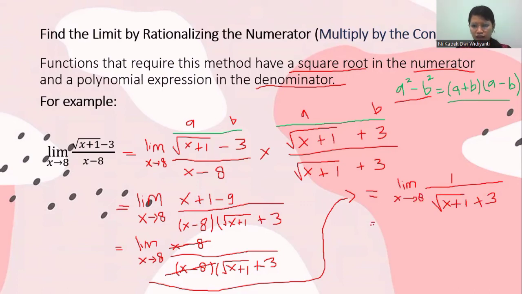After we get this function, we can use the first method, direct substitution. We can substitute 8 into this function. So we will get 1 divided by square root of 8 plus 1, plus 3. 8 plus 1 equals 9, so we will get square root of 9 plus 3.